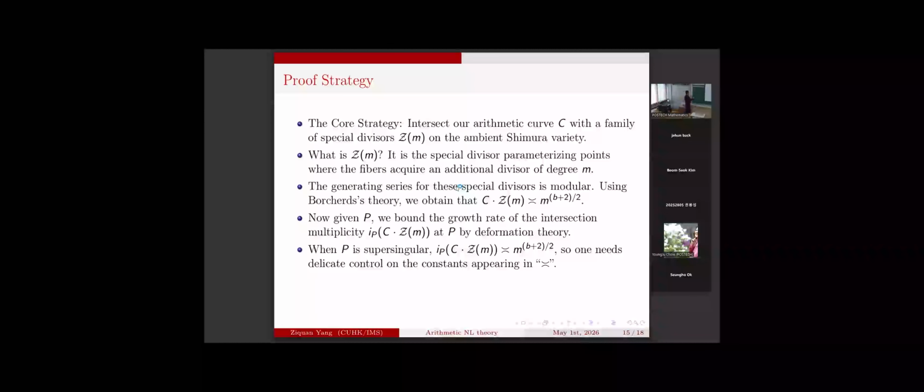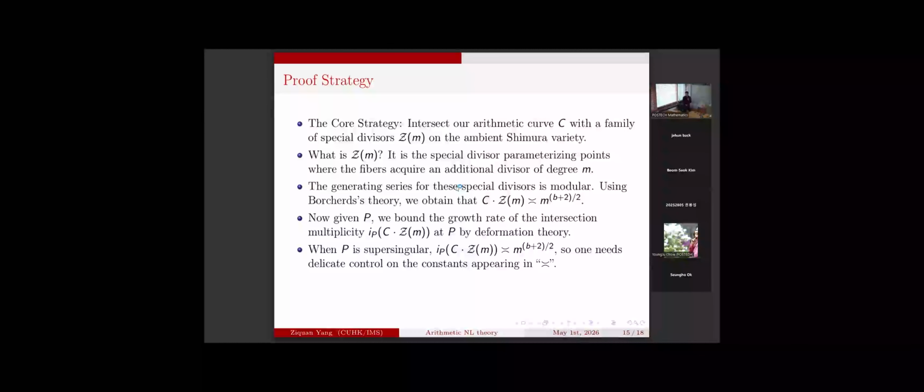And I have a classifying map from C to the Shimura variety. So let us pretend that this is a closed embedding, and I view this curve as literally a curve on the Shimura variety. And then I have these divisors Z_m. And then I'm intersecting this curve with the divisor.